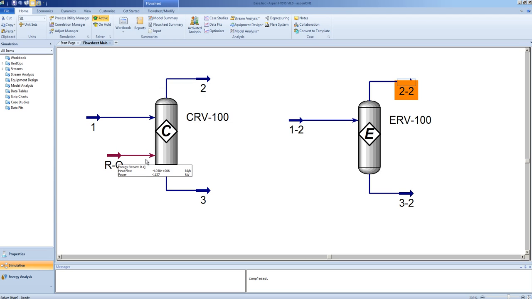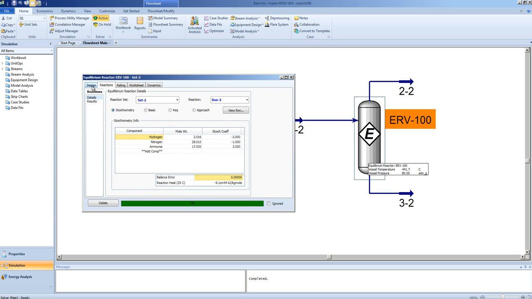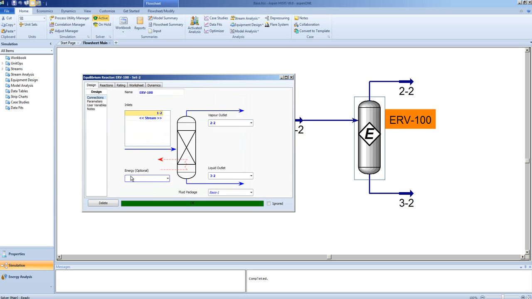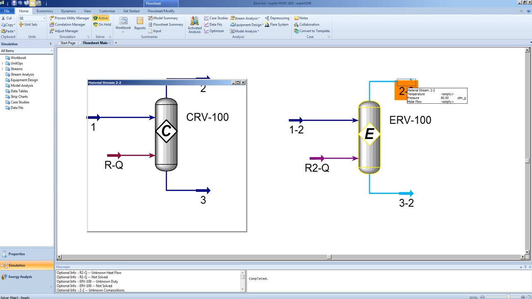We will add a duty stream as before to make the reactor isothermal. And specify an outlet temperature of 250 degrees.